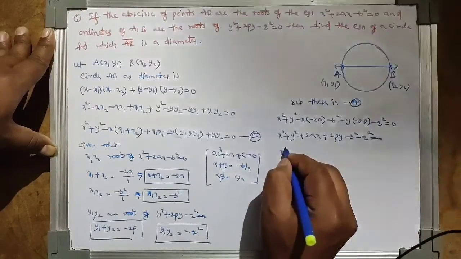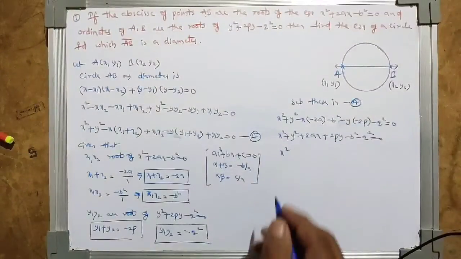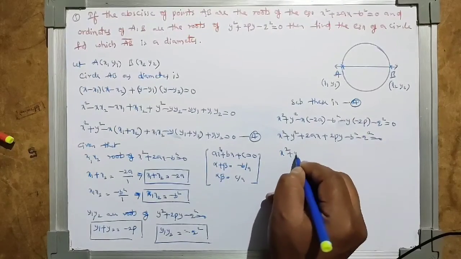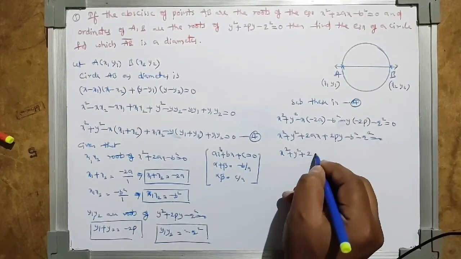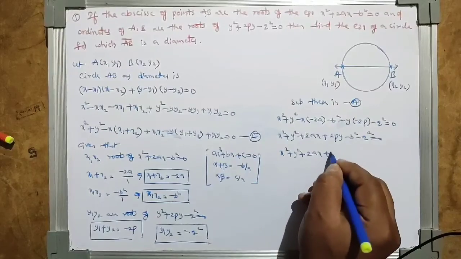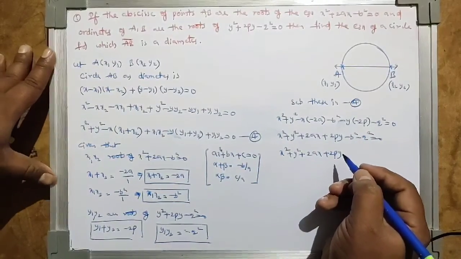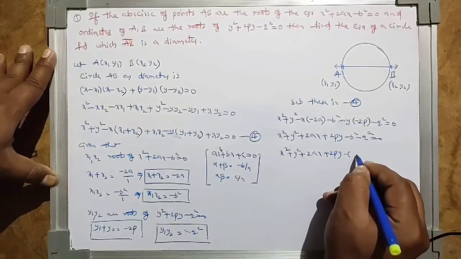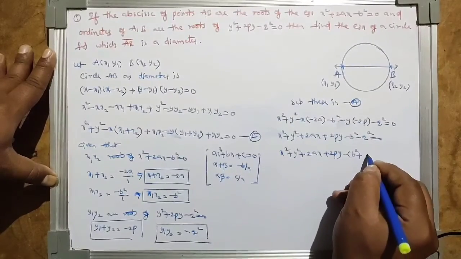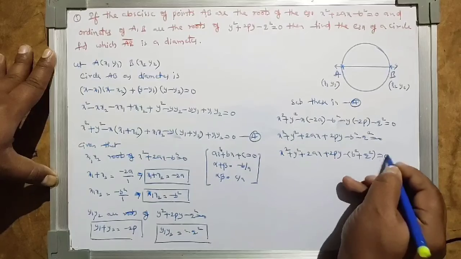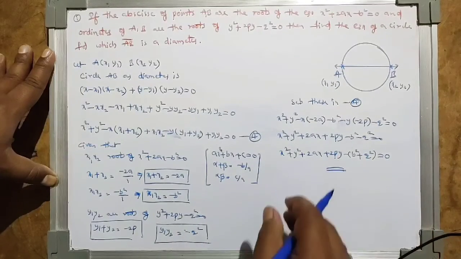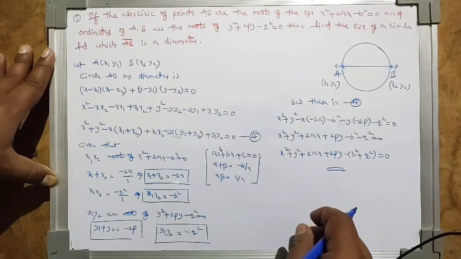Finally we get the answer: x square plus y square plus 2ax plus 2py, taking the minus common outside, minus of (b square plus q square) is equal to 0. This is the answer for the given conditions.